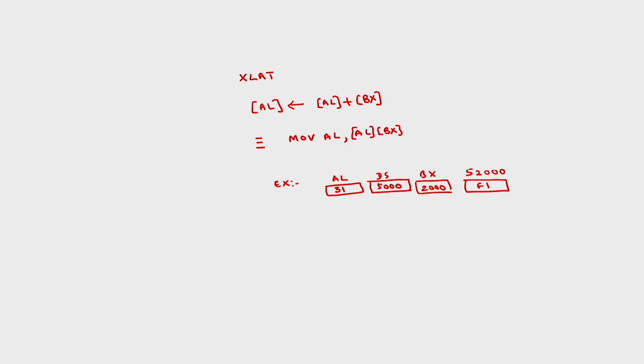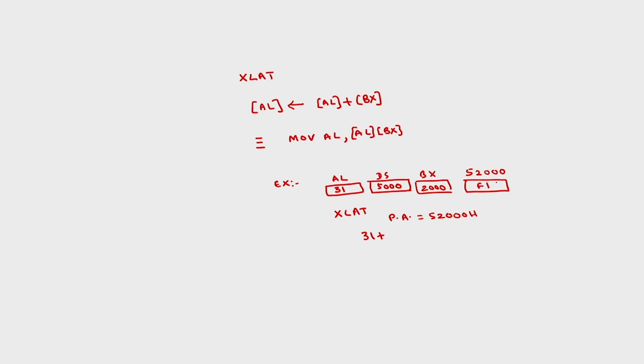So before the execution, if I write XLAT, the contents of AL become contents of AL, 31, plus the contents of the memory location pointed to by BX, whose physical address will be 52000H.